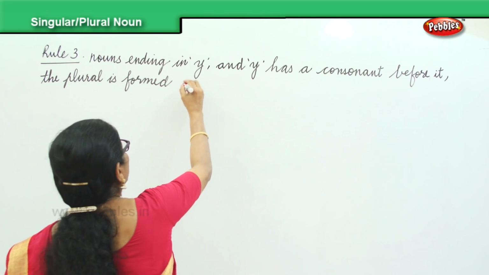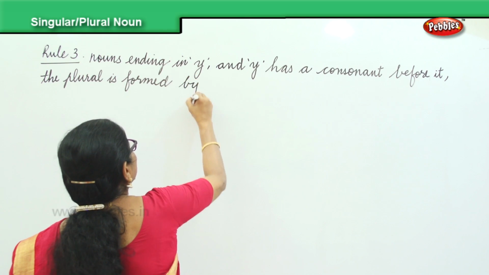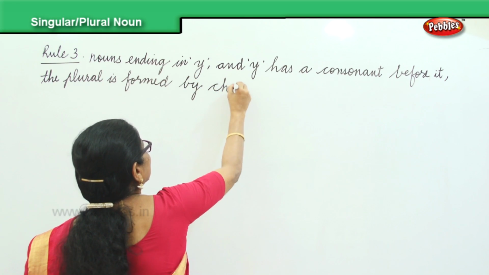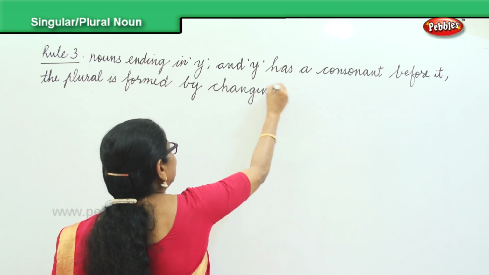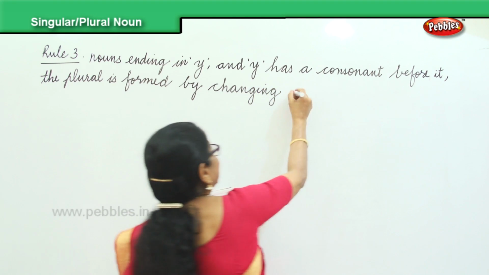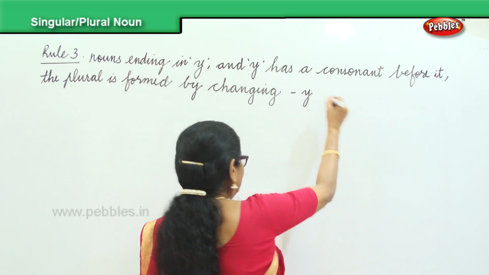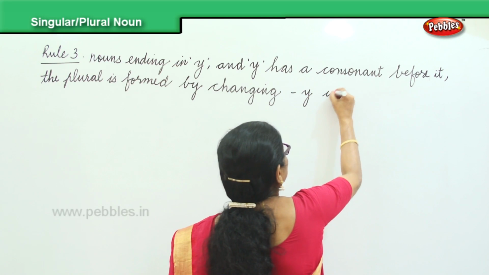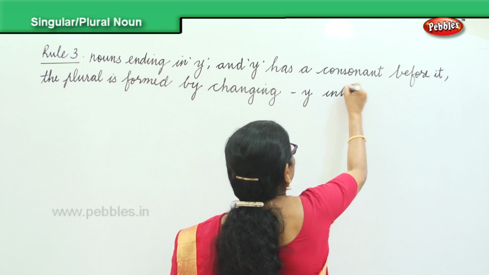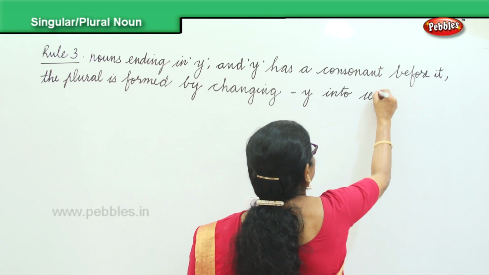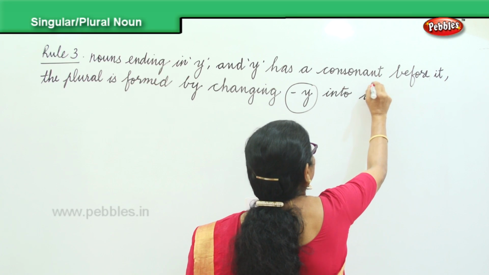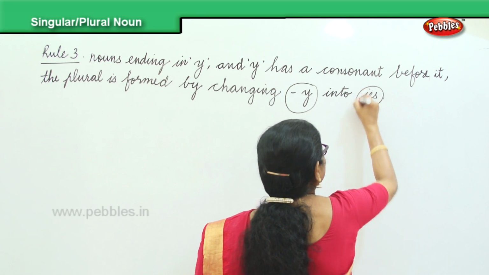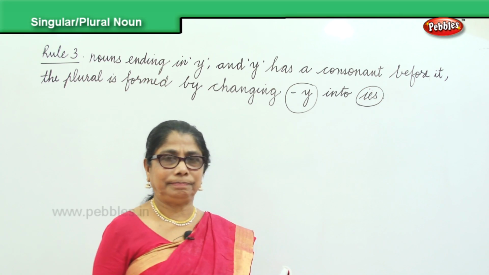The plural is formed by changing y into ies. That's what we need to remember.